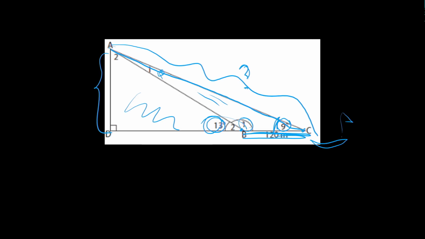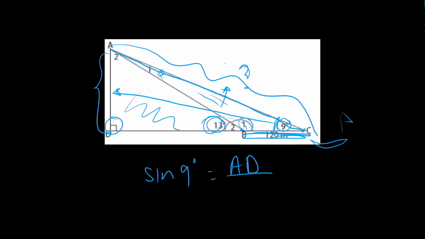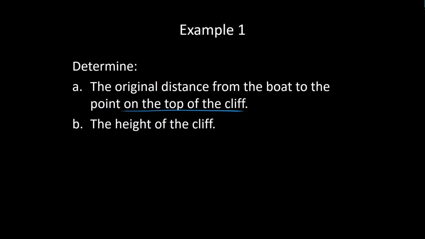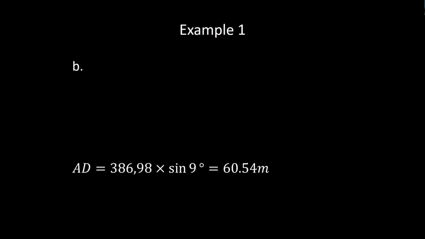So I can say because there's a 90 degree, remember I said first look and see if there's a 90 degree because that's going to make life easier. I can see that opposite the 90 degrees is side AD, so that's opposite, and I've just worked out the hypotenuse. So sine of 9 degrees will be opposite over AC, which we've just worked out, and by cross multiplying, or timesing both sides by AC, we are able to work out the length of AD.